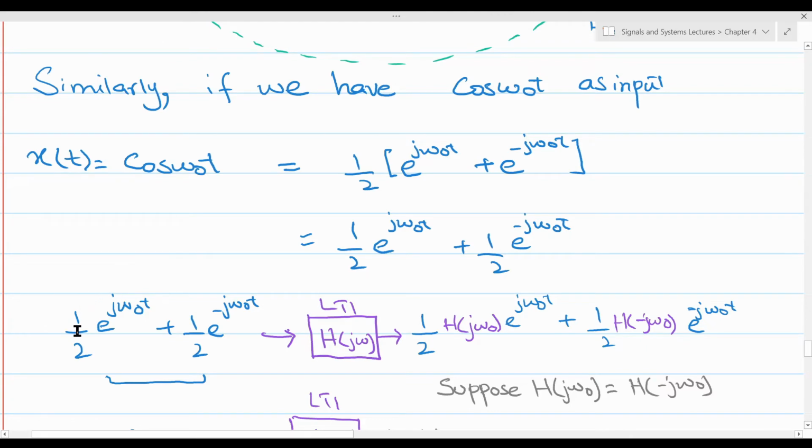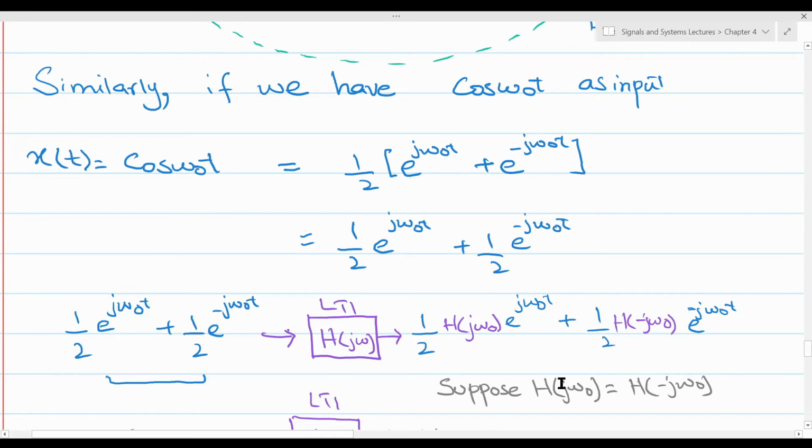And the scaling factors 1 by 2 for plus omega naught and 1 by 2 for minus omega naught will also be maintained. The scaling factor, however, for plus omega naught will be H of j omega naught, and for minus omega naught will be H of minus j omega naught. Now suppose that the frequency response H of j omega is symmetrical.